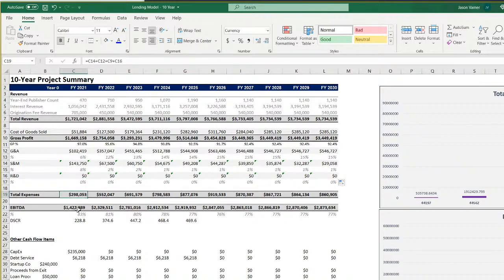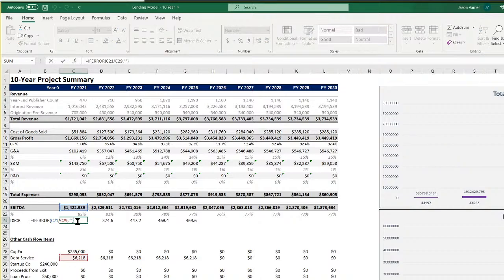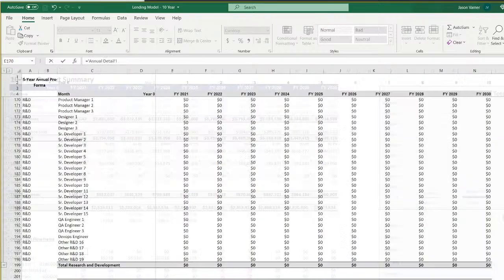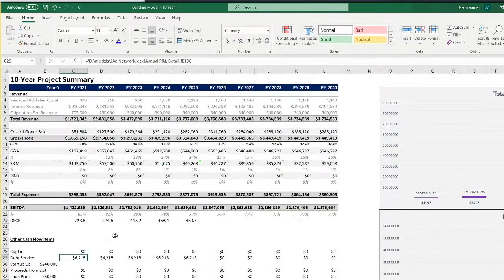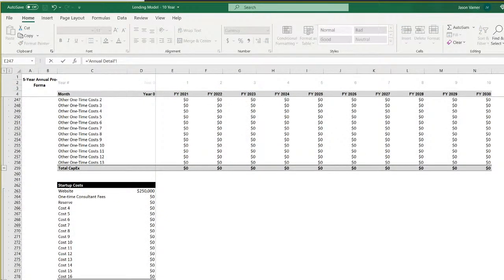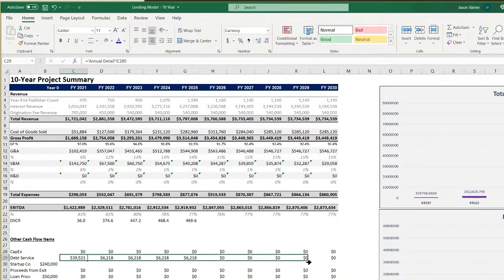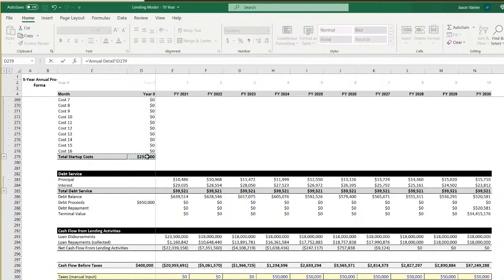Total expenses, EBITDA, discounted debt service coverage. It's actually kind of an interesting number in this model. All right, so let's go now to other cash items. So CapEx. Debt service would be here. Startup costs right there.